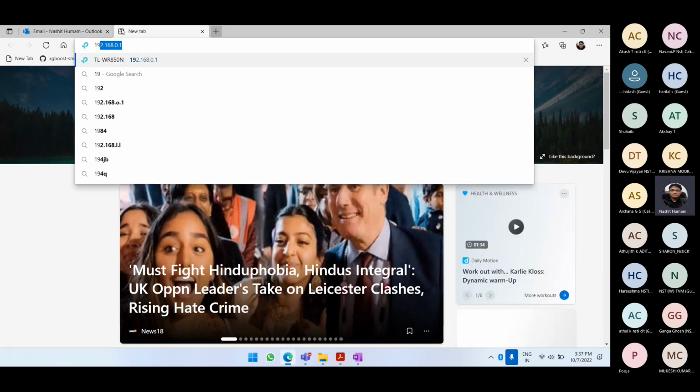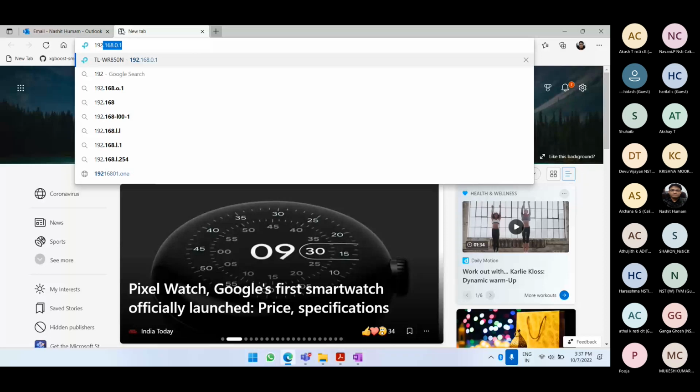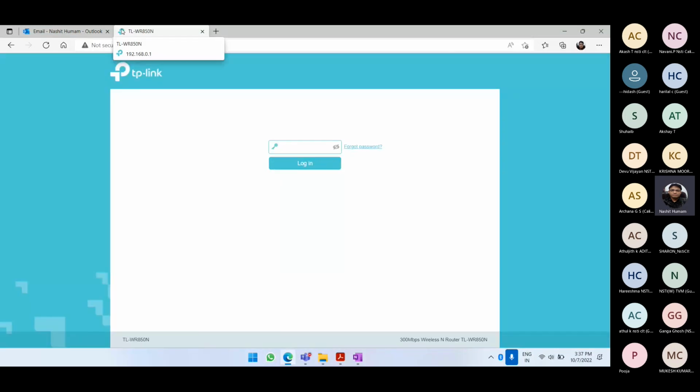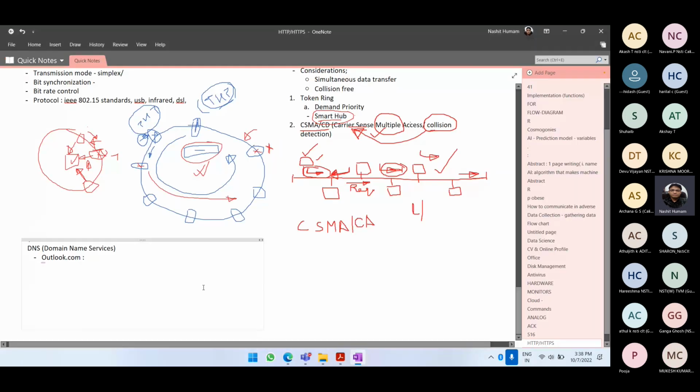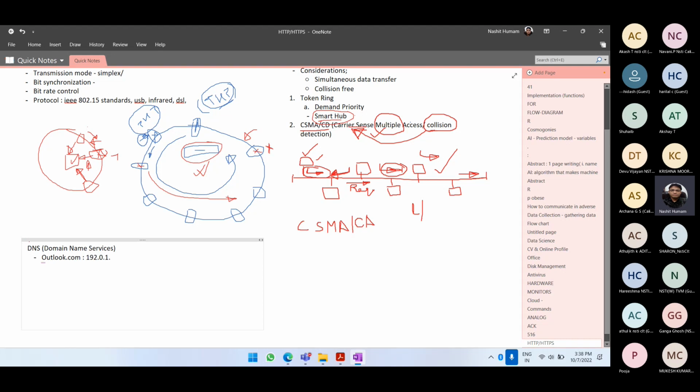Now, this is the IP address of my router or my connection. So what we do is we convert the domain into an IP address. Now suppose Outlook has an IP address, suppose 192.0.1.1.